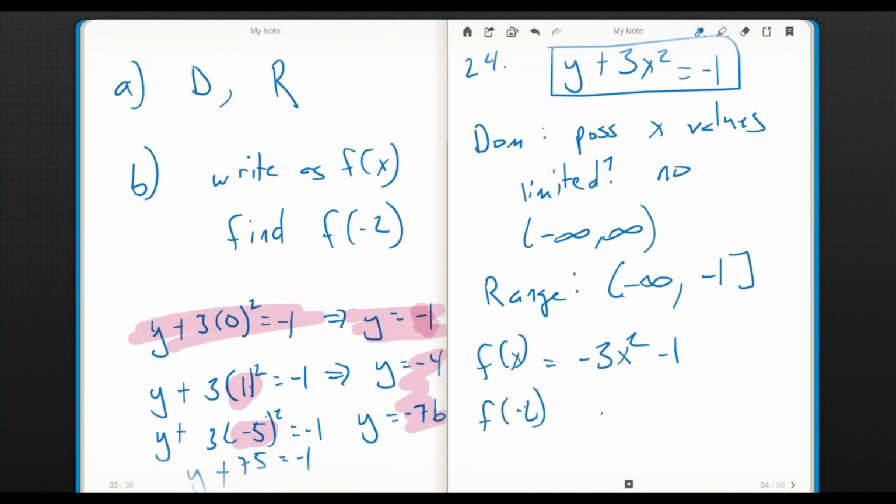And if I want to put in a negative 2, f of negative 2 means wherever I have an x, I'm going to put a negative 2. Remember that a negative 2 times a negative 2 is a positive 4. And then a positive 4 times a negative 3 is a negative 12. Minus 1 is a negative 13. So f of negative 2 is negative 13.